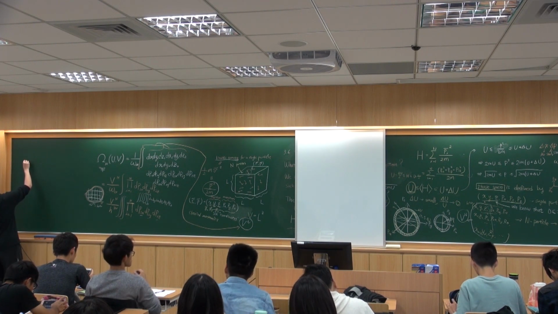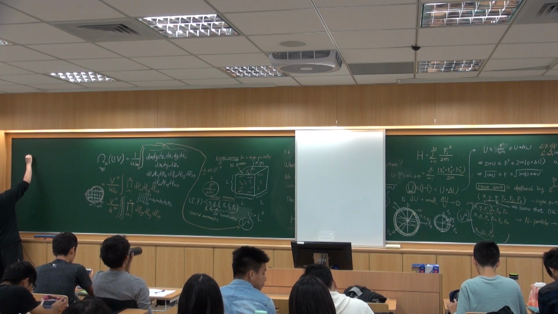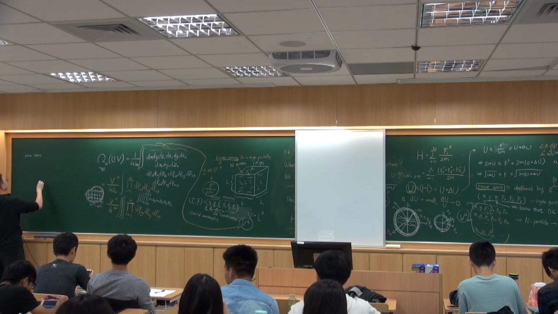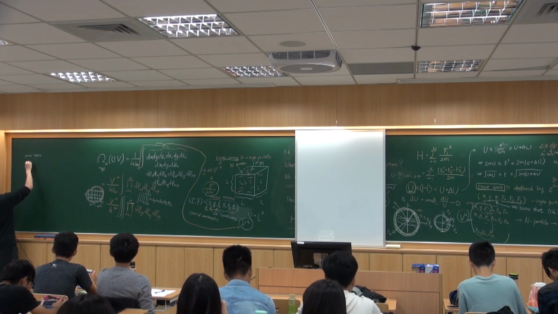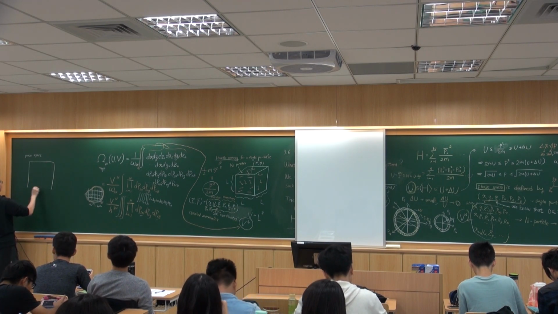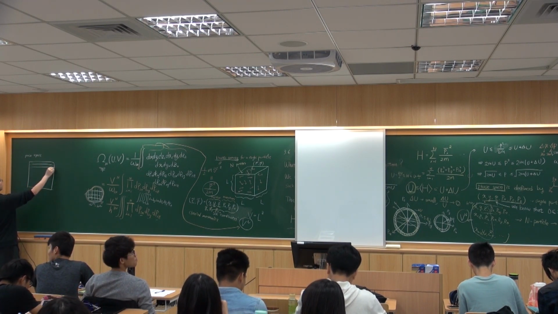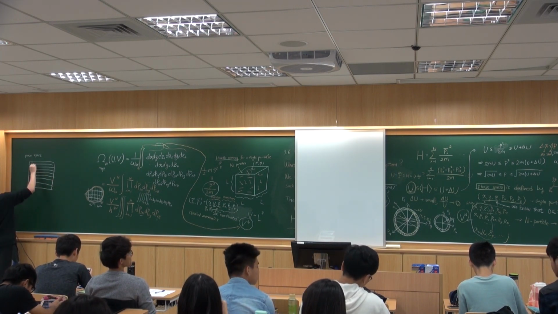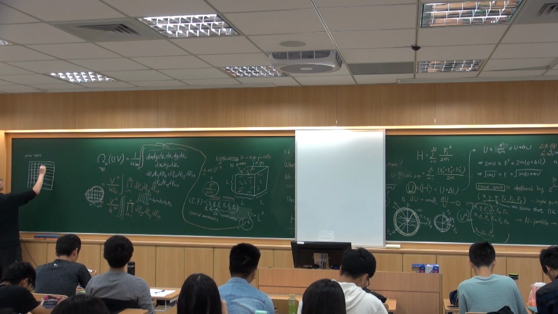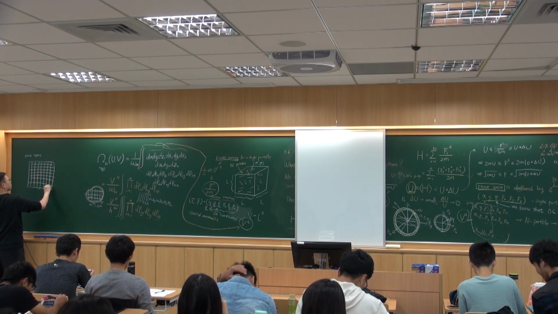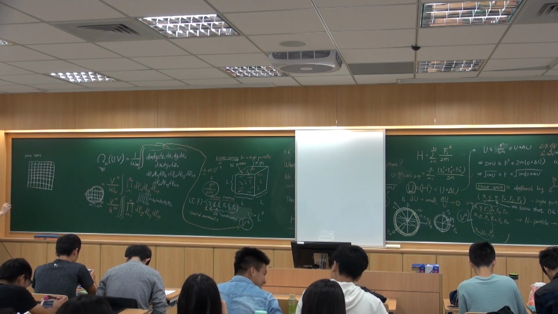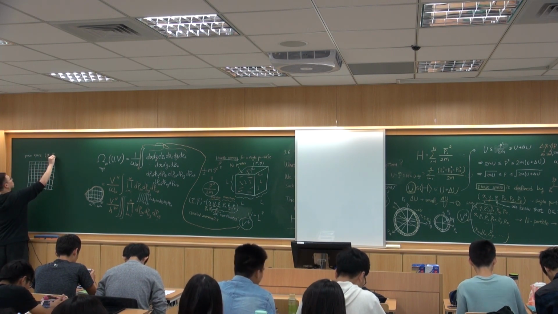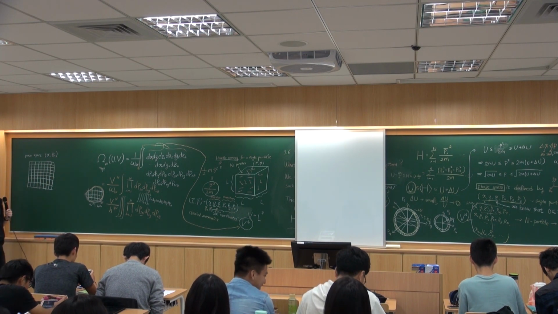Or imagine that your phase space is something like this. You have a lot of boxes. Imagine that now I only consider x and px.